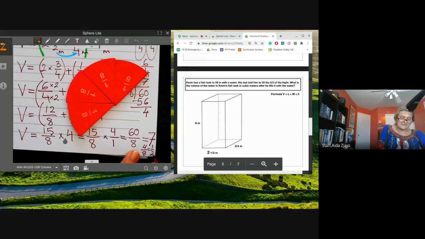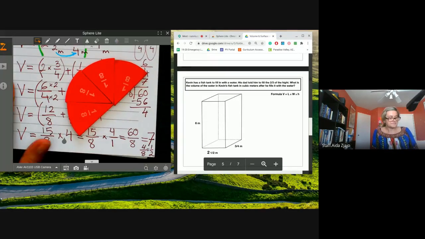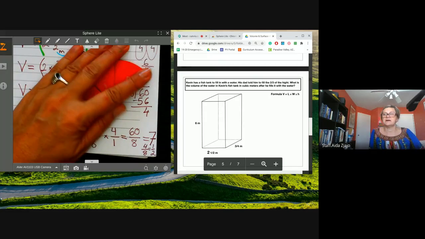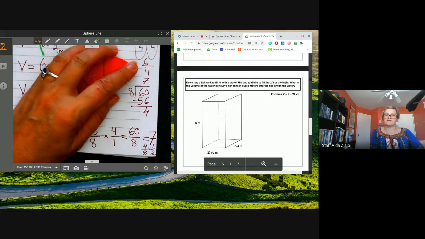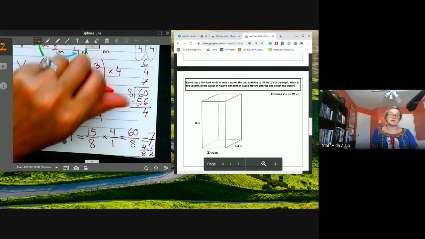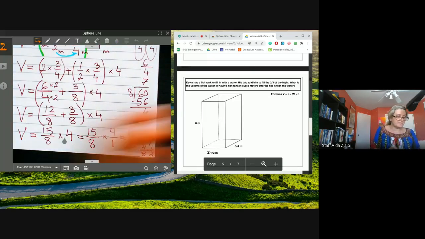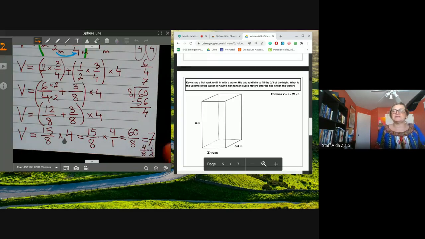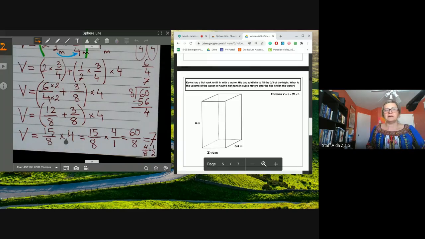It's 7 wholes and 1/2. So practically we come up with he will have 7 and a half, 7.5 cubic meters to fill in with the water.